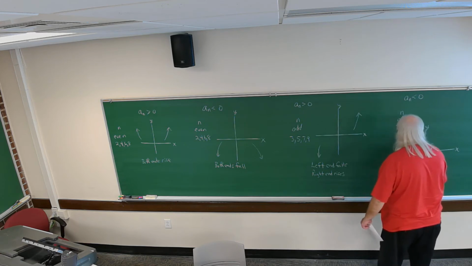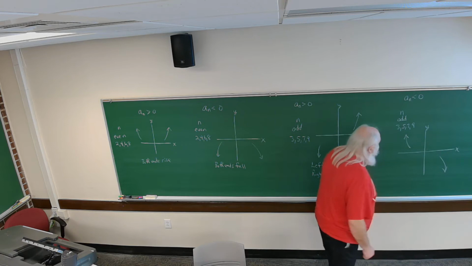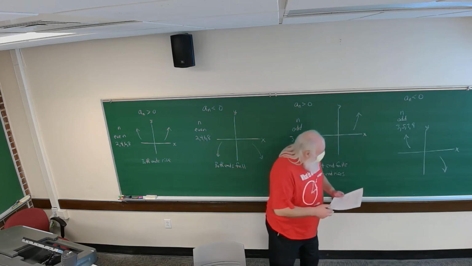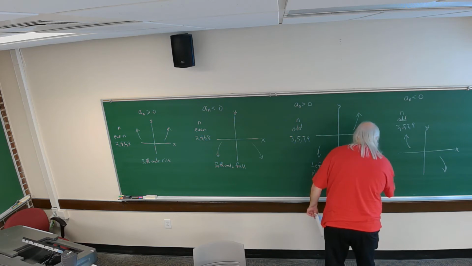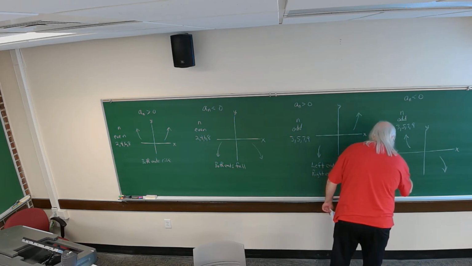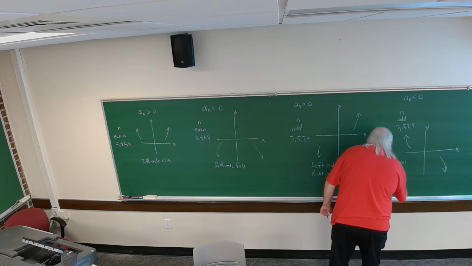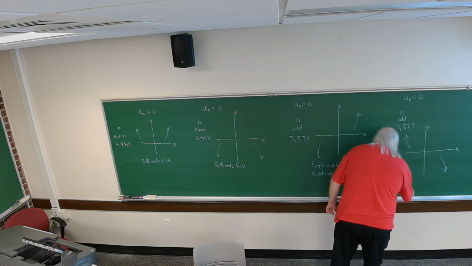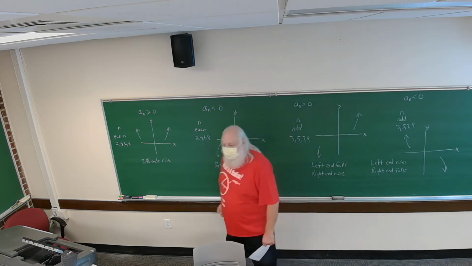The left end goes up, the right end goes down. So in this case, you can write left end rises, right end falls. So that's important information in graphing a polynomial function, right?